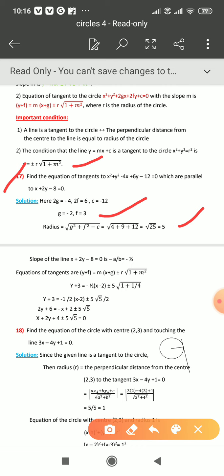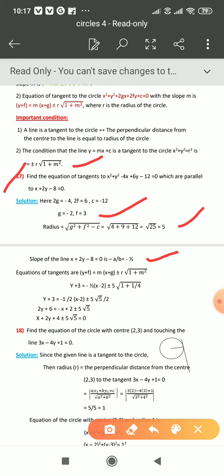Now we find a tangent parallel to the given line. When we say two lines are parallel, the condition is that the slopes of the lines are equal. For that, we find the slope of the given line. What is the given line? x plus 2y minus 8 is equal to 0. You know the slope of the line ax plus by plus c is equal to 0 is minus a by b.